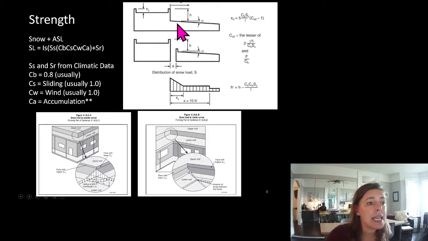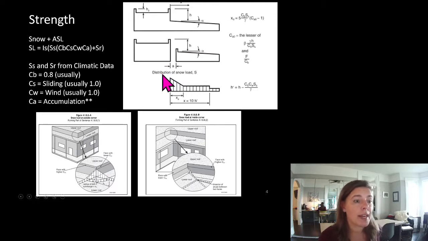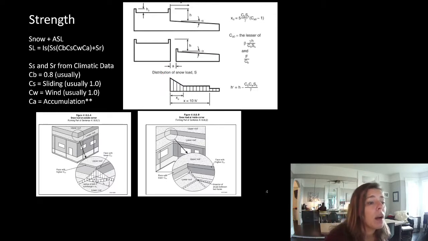So you can see here what is happening. If we have a higher building with something lower, the snow falls off of this onto the low part. And here you can see our accumulation of snow right here. They've done some really nice 3D diagrams of this.